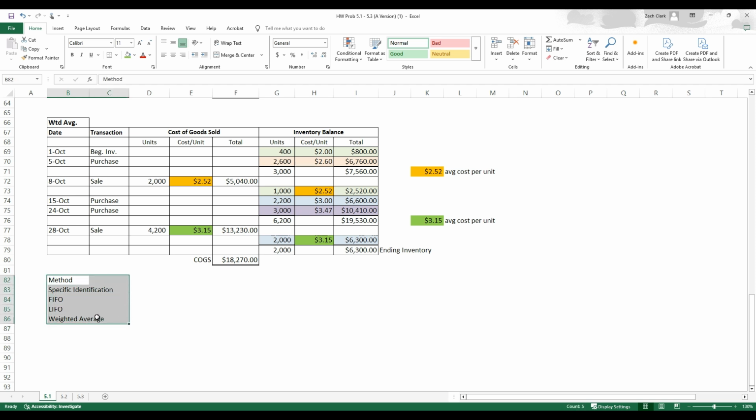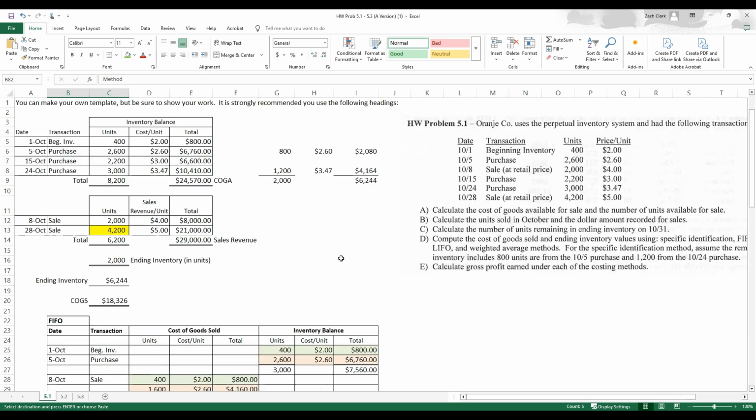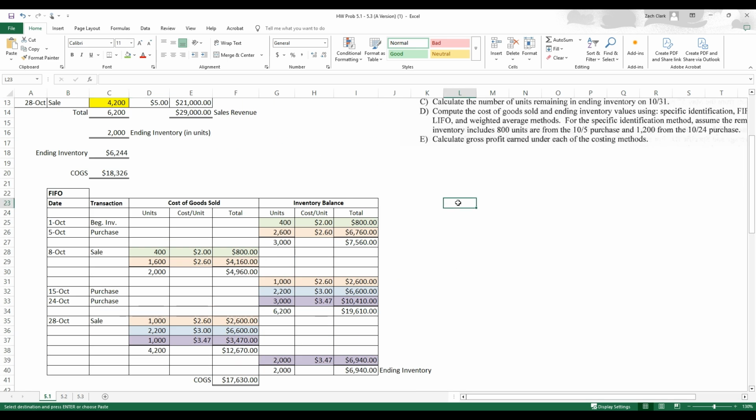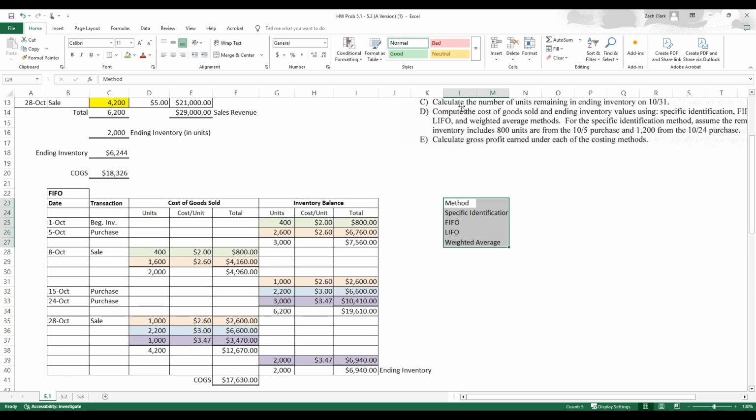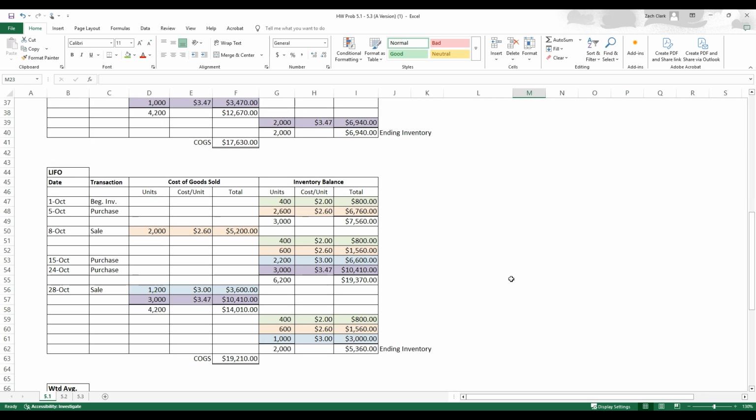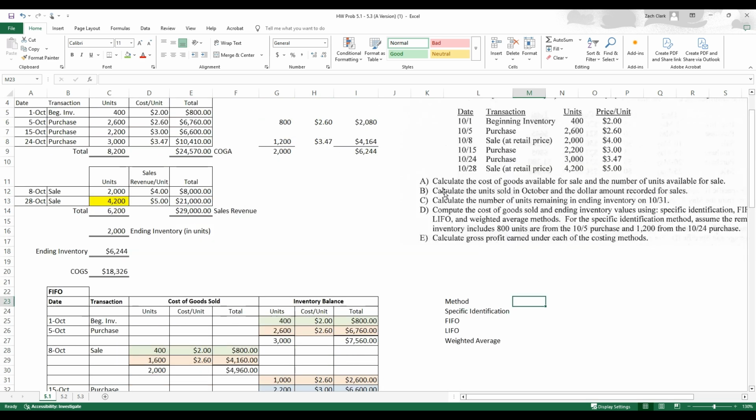And you know what? Let's cut that from there. I'm going to put it over here because I want to be able to stretch the columns out without it messing up the stuff we've already done.